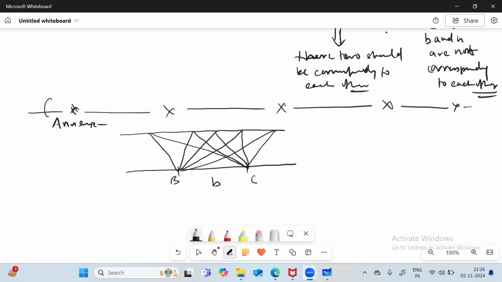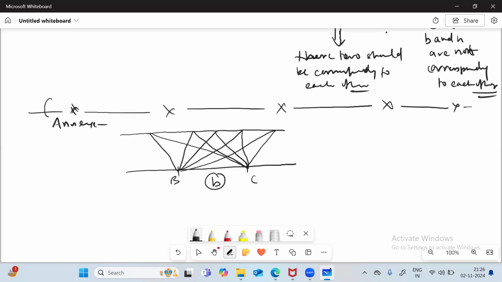So the annex of the lecture was that if we take two parallel lines and take a base of a triangle on one line, let this base be of size B, and we may take multiple vertices on the second parallel line for the same base. Let's name them A1, A2, A3, and so on.